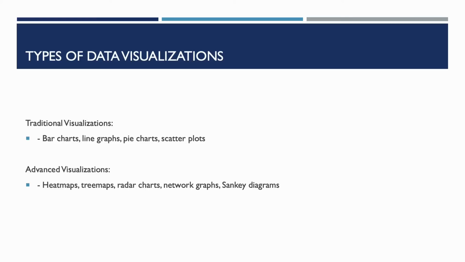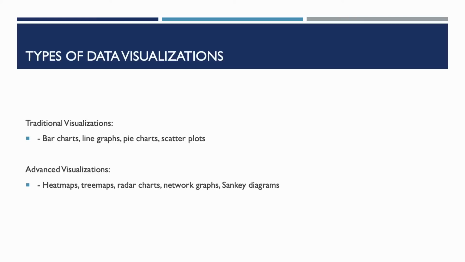When traditional visualization falls short in communicating intricate or multidimensional data, we turn to more advanced types. First, heat maps. These visualizations represent data in matrix form, where individual values are represented as colors.